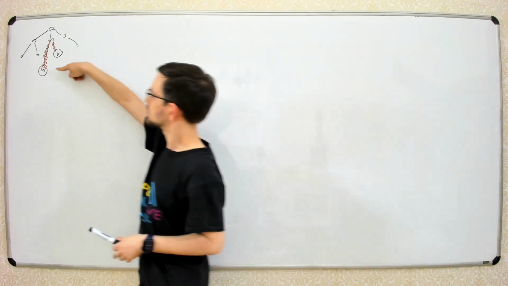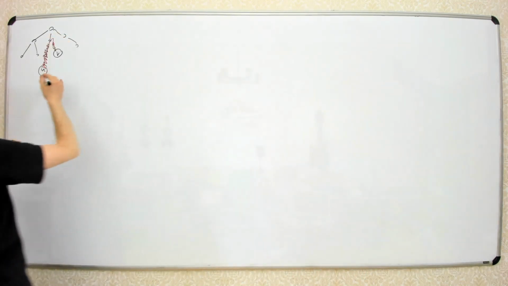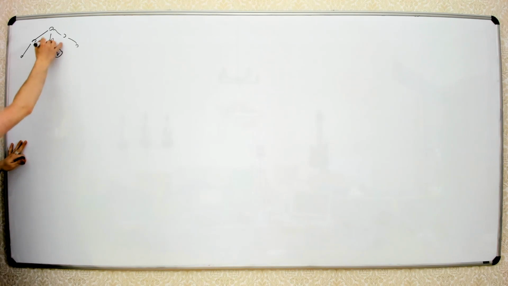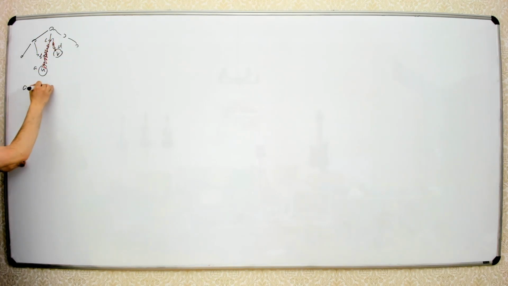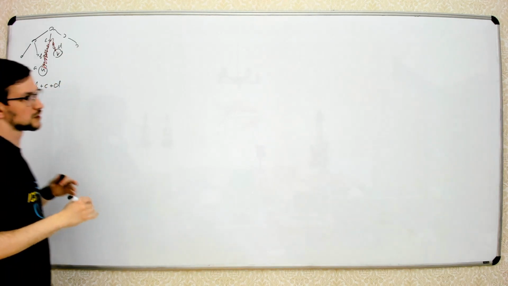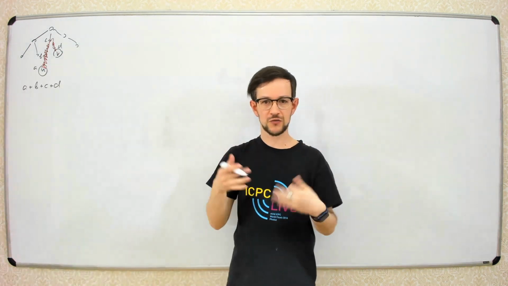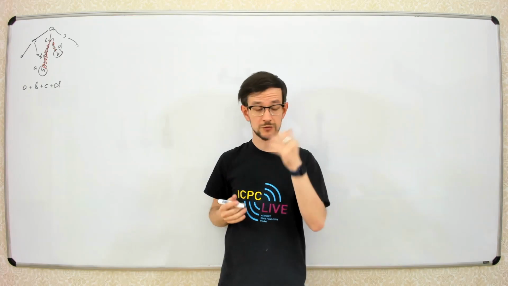So each node has some value, like A, B, C, and D. And you want to calculate a function like A plus B plus C plus D. So this plus is some associative function, like we discussed in the second trees.